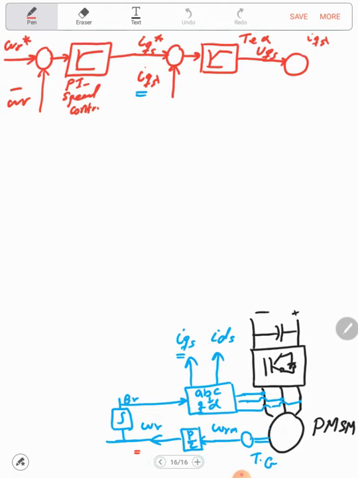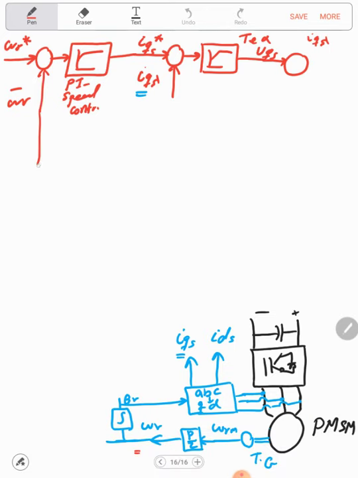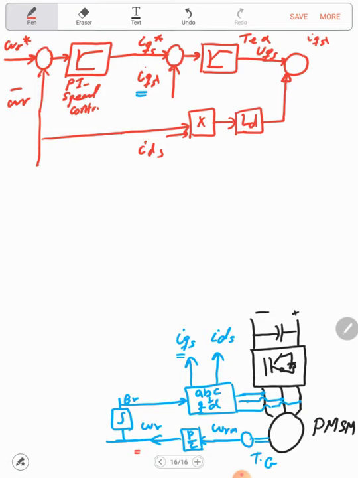So this is the omega r, and I will multiply omega r with the IDS, and this will be the LD, and this is the first cross coupling.